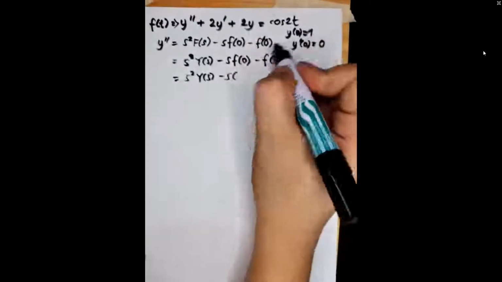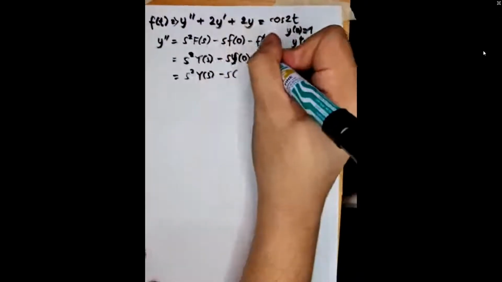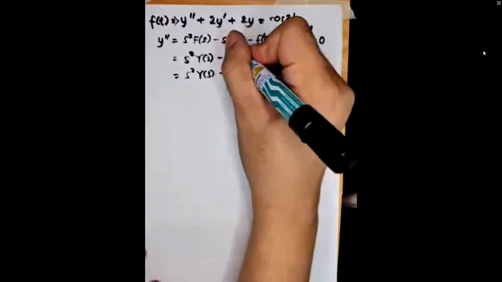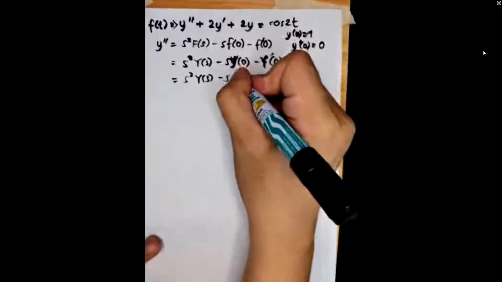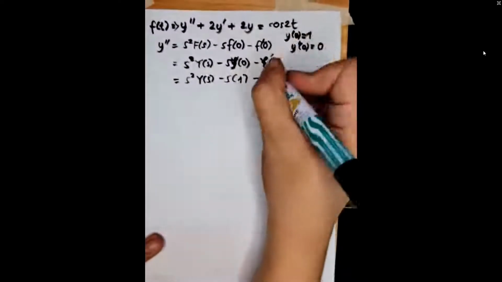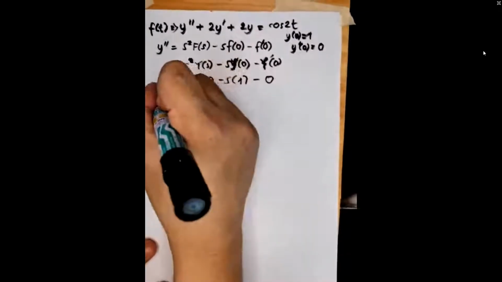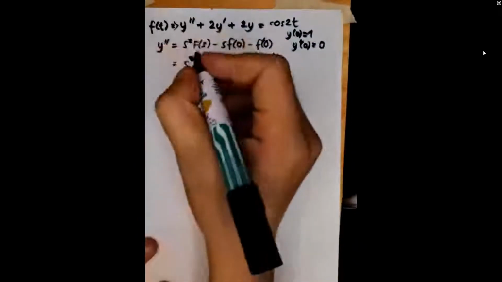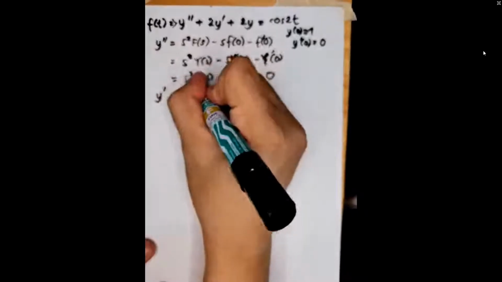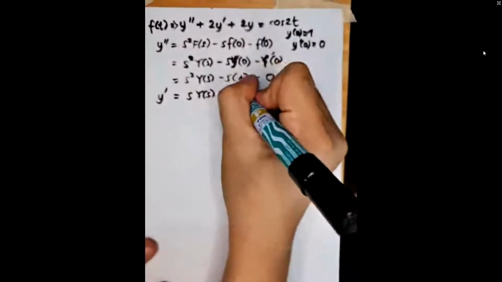So what is f of 0? Ay, sorry, y pala to. Okay, so y of 0 is equal to 1. Minus 0. Okay, about y prime. Okay, y prime ay nandyan. So y prime is s, gagayanin ko na ha, minus y sub 0.